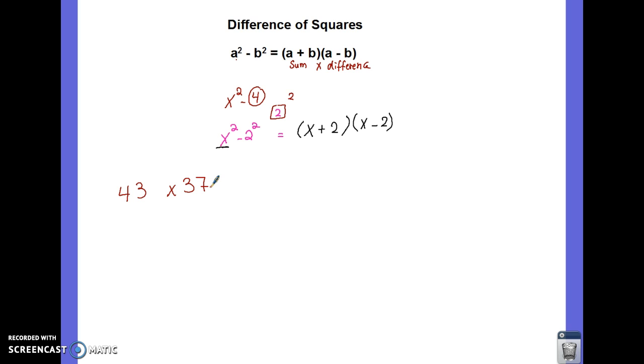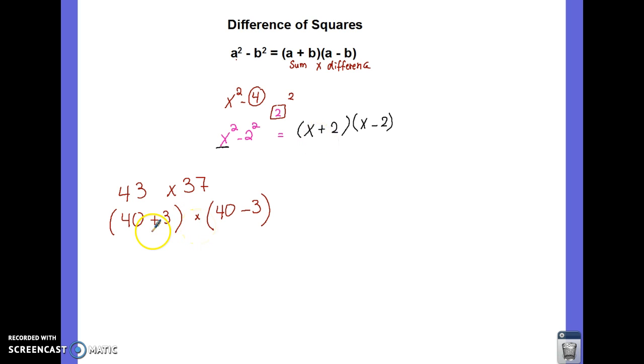You ready? So, 43 is simply 40 plus 3 times 37, which is simply 40 minus 3. Now, take a minute to look at it and see if you notice any relationship.